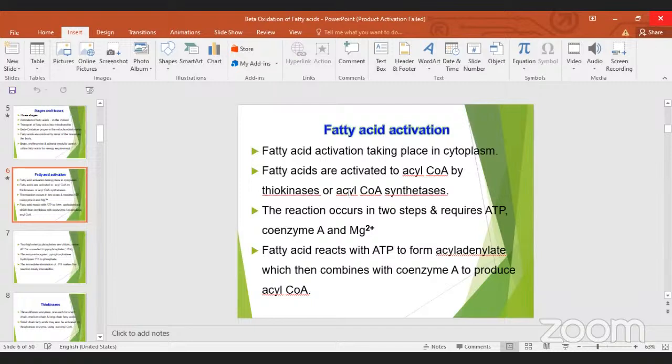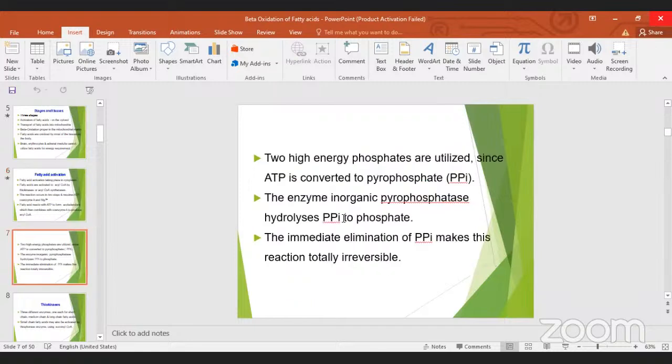The reaction occurs in two steps and requires ATP, coenzyme A, and magnesium ions. The fatty acids react with the ATP to form acyl adenylate, which then combines with coenzyme A to produce the acyl CoA.